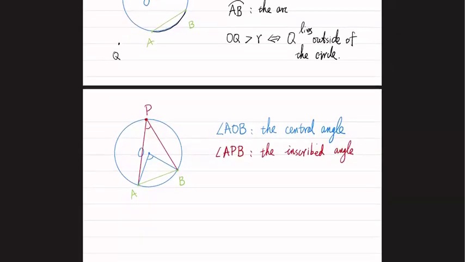A very important property that we will use repeatedly is the connection between the two. This is called the inscribed angles theorem.